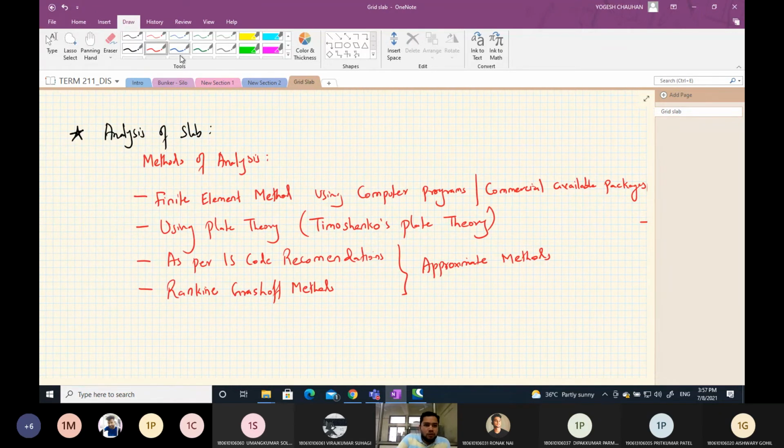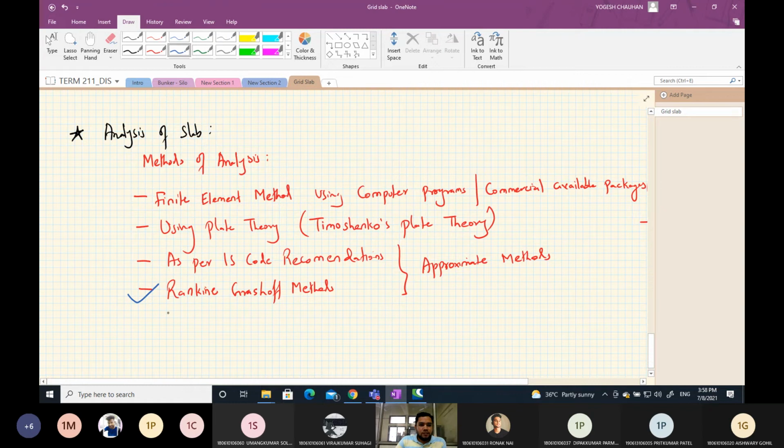And throughout this course, we will be discussing the Rankine's Grashof method. We'll go through the derivation of Rankine's Grashof method. We'll also go through some IS code provisions given in IS 456 for the design of the grid slab.